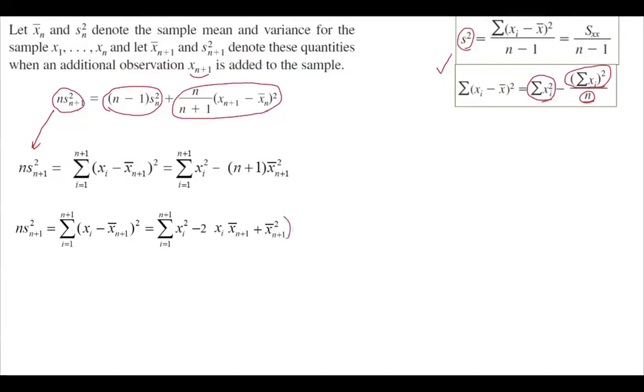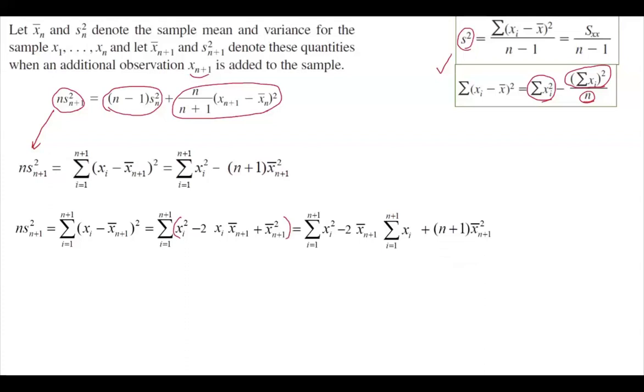And then we're going to take the summation over these terms. This can be written as the summation of xi to the second power minus 2 xn+1 bar times the summation of xi's plus n+1 times xn+1 bar to the second power.